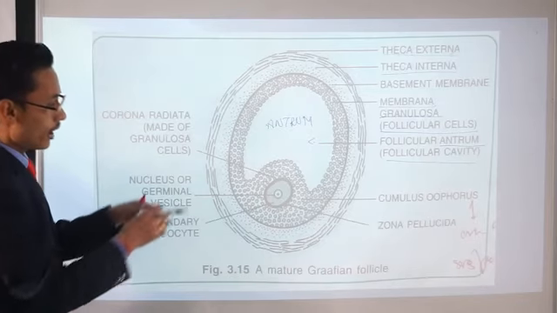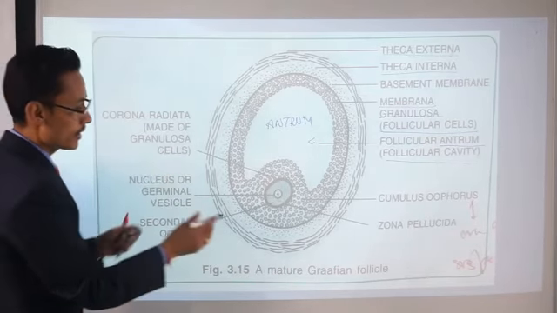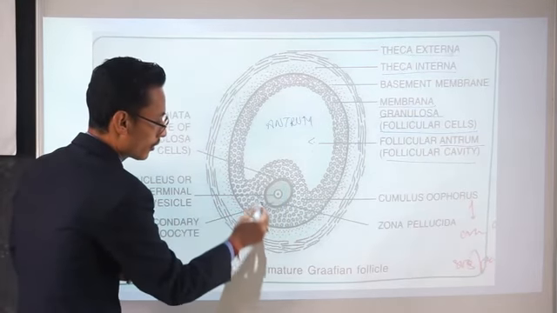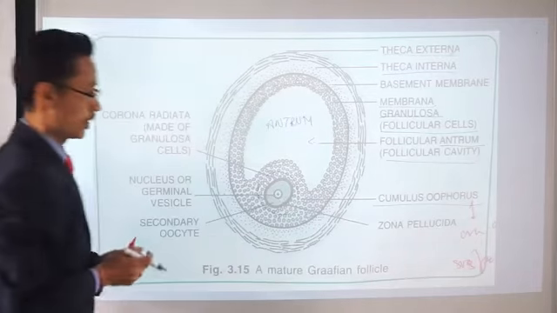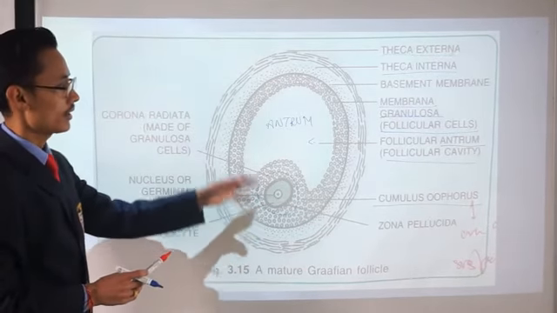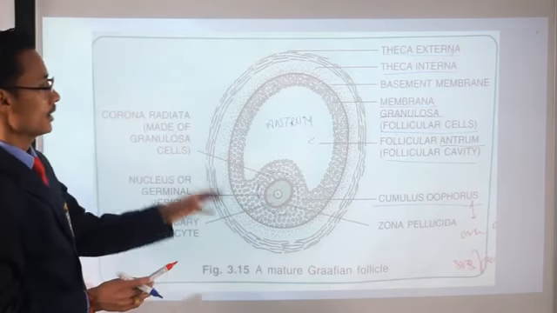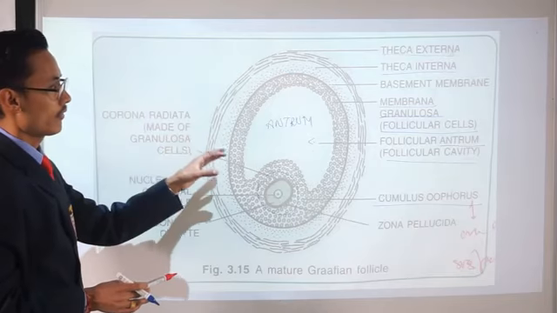Now the ovum is suspended in the follicular cells, or the granulosa cells, by the help of follicular cells called cumulus oophorus. So the ovum will be suspended by the help of the cumulus oophorus in the follicular cells. So this is the structure of our mature Graafian follicle.